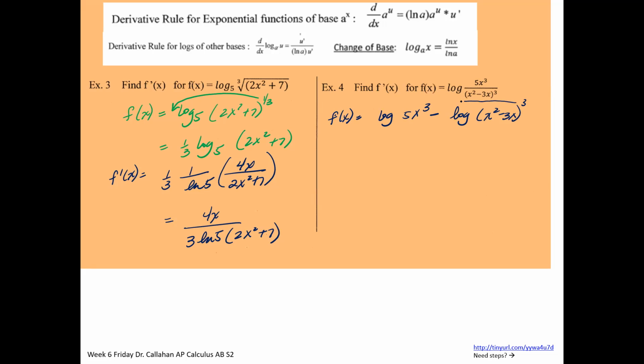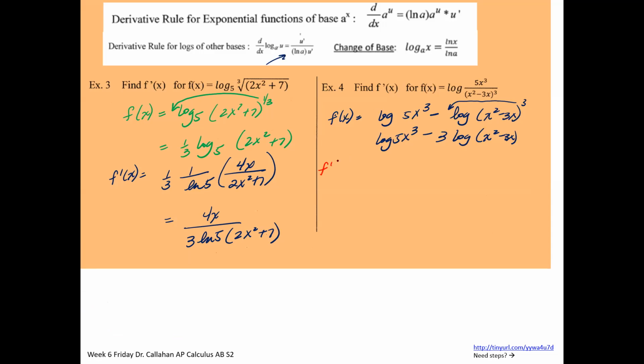Now you do have this part here which you can bring down. So we have log 5x cubed minus 3 log x squared minus 3x. Now that we have primed this up, we can go ahead and apply the derivative, which as you can tell, you can apply directly.